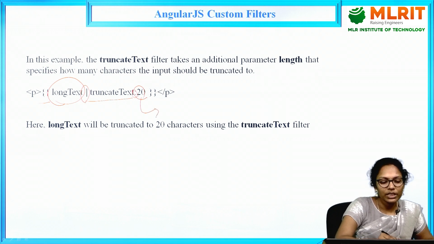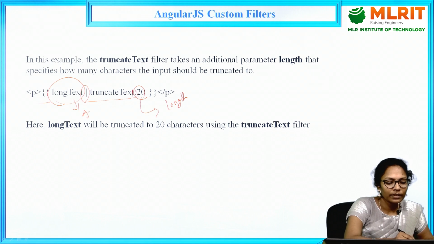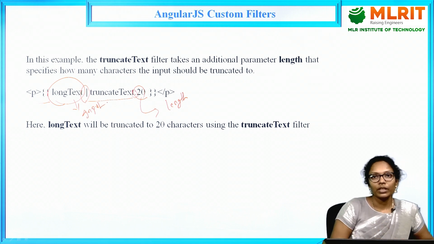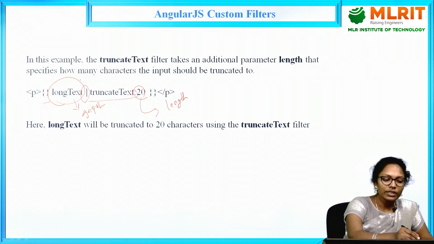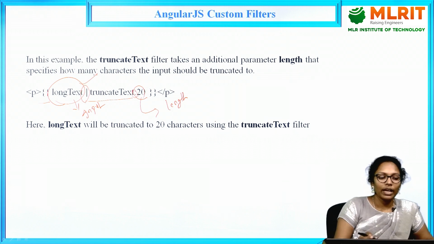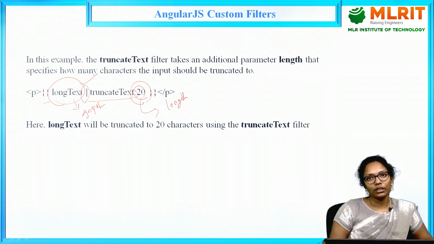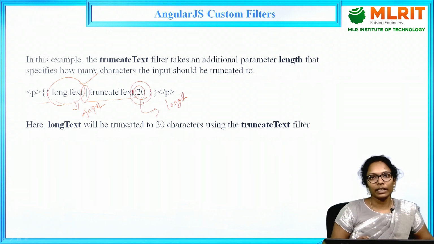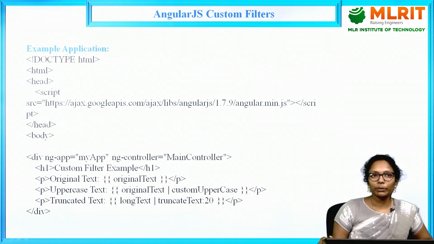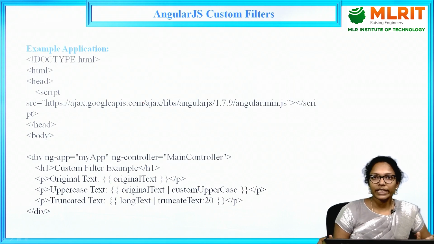So this 20 will work as the length variable and this will work as the input. First you need to check whether input is there or not. Yes, input is there. And then whether the length of the input is greater than 20, only then this filter will be applied and I'll get the output. We'll see one example program to cover these two filters.